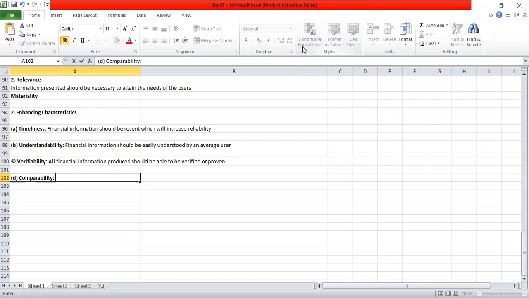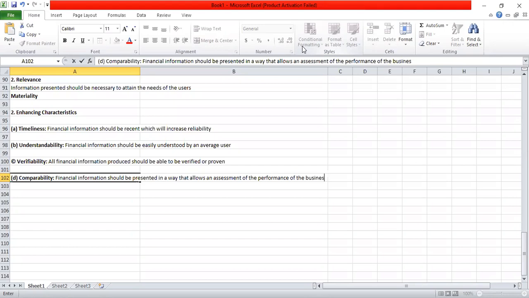So we're saying financial information should be prepared in a way that allows an assessment of the performance of the business over time.